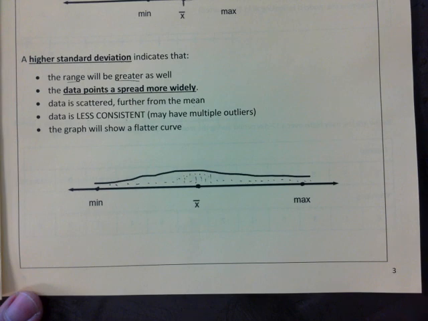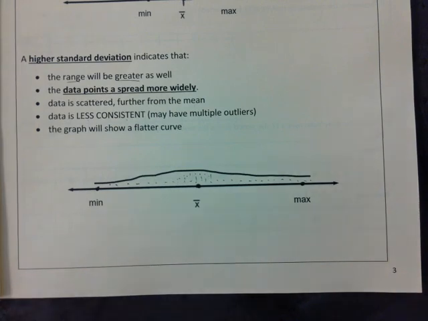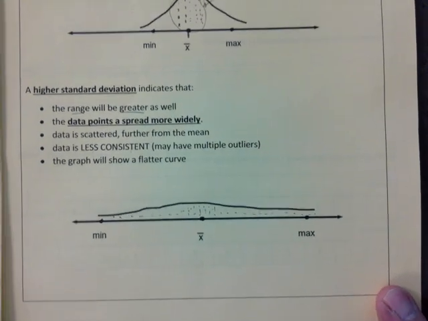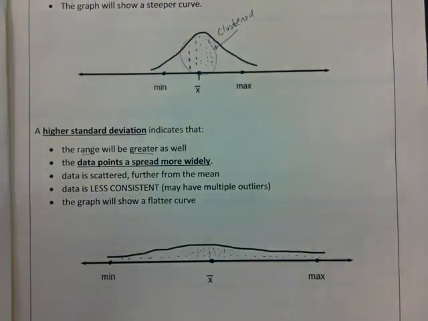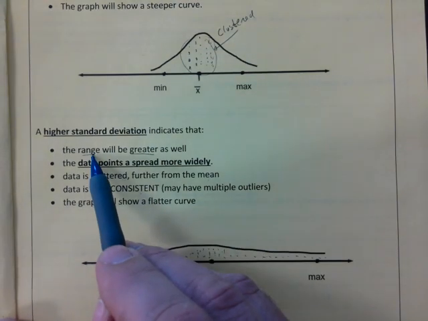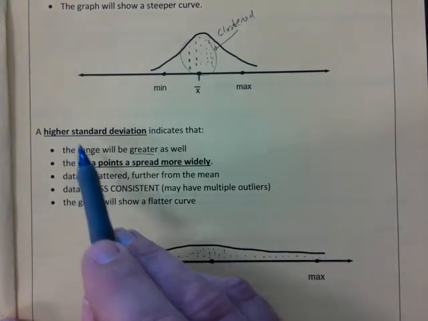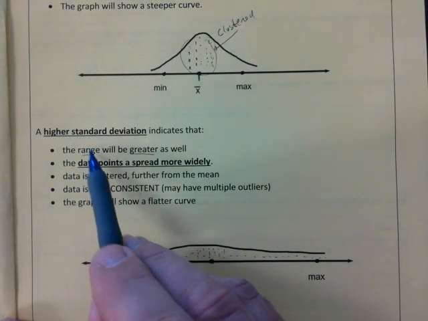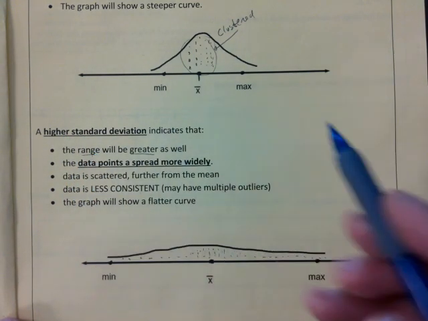So this is basically the meat and potatoes of this unit. Understanding this isn't going to cover everything, but this slide right here will kind of summarize everything. And notice that the range is connected to the standard deviation, right?